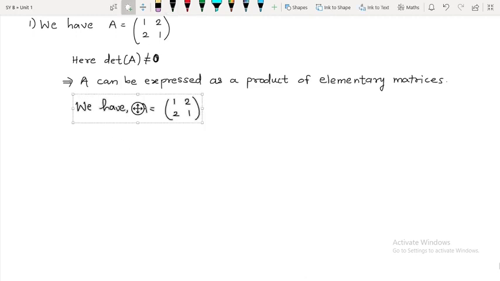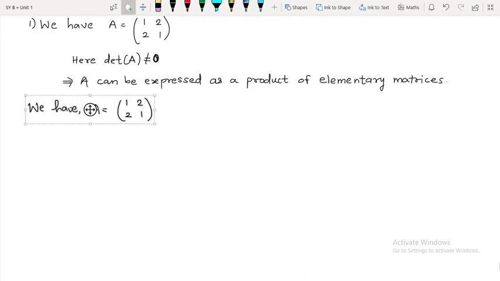Because we will need some space to work with, I'll say R2 minus twice R1. So this will be equivalent to 1 2, and here what will come, 2 minus 2 multiplied by 1, that is 0. And here what will come, 1 minus 2 multiplied by 2, that is 1 minus 4, that is minus 3.